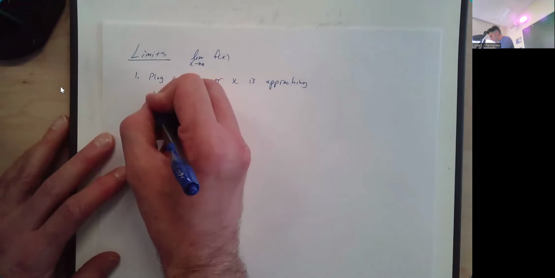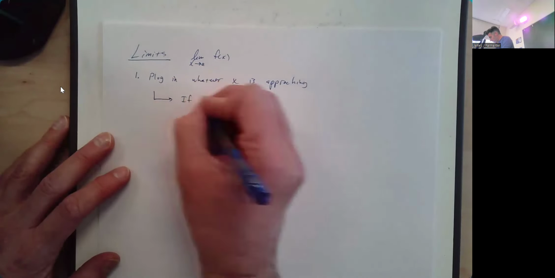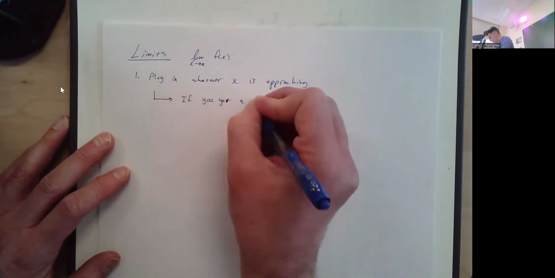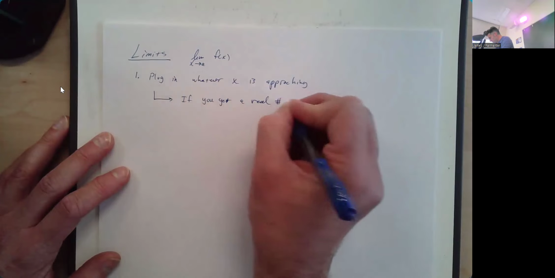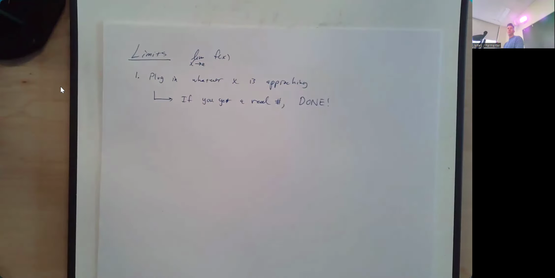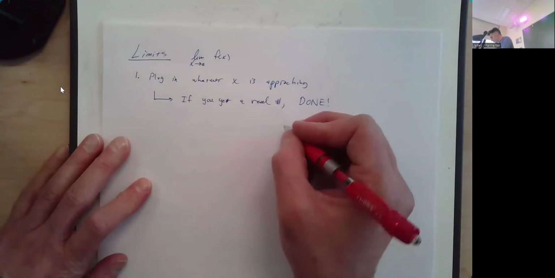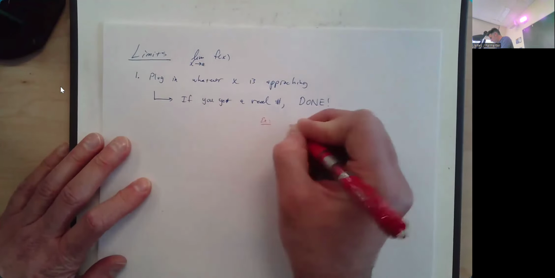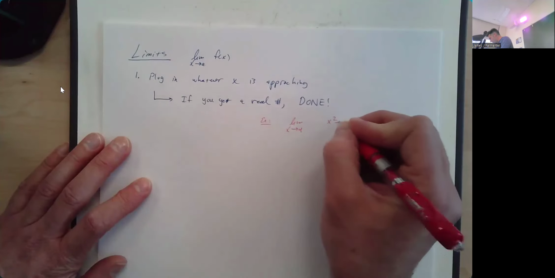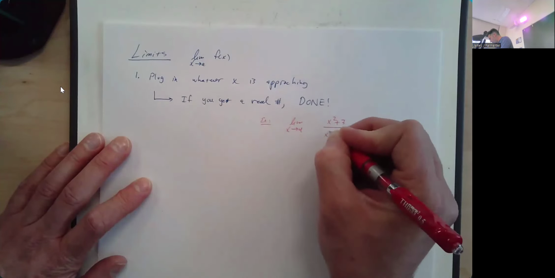And if you get a real result, then you're done. Like, for example, the limit as x approaches 4 of x squared plus 7 over x minus 9.